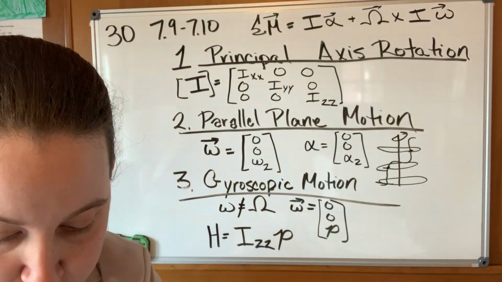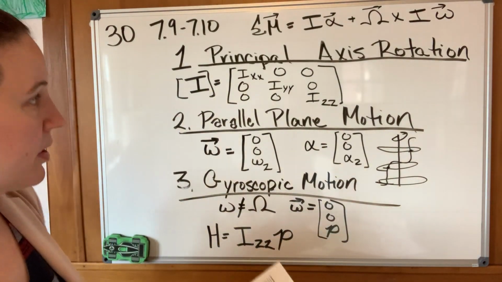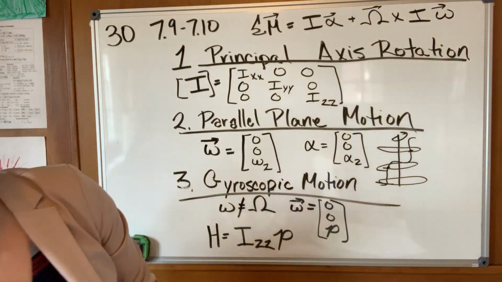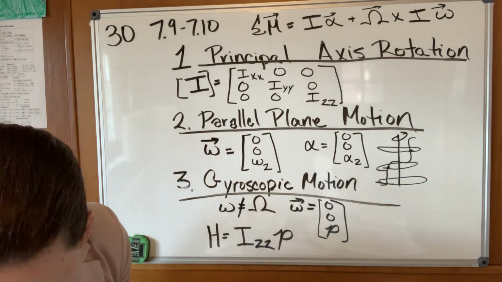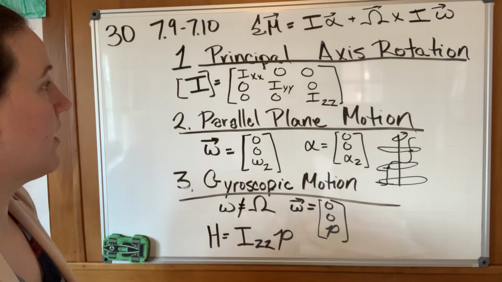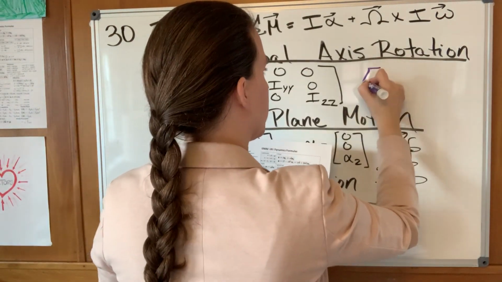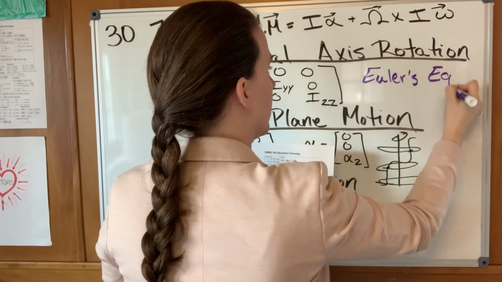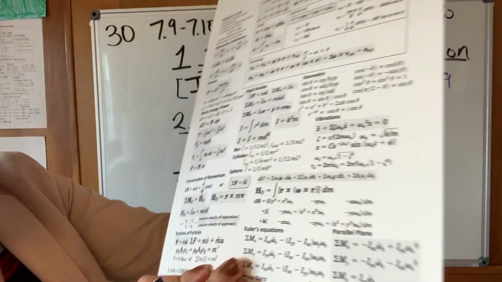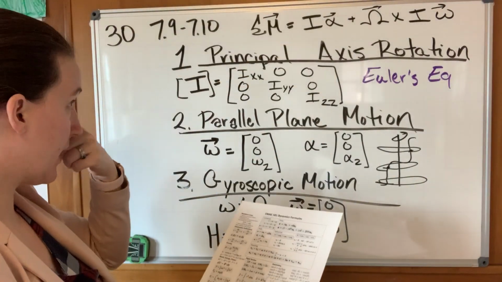And we have on your formula sheet, for the first type of problem, principal axis rotation, these are going to be Euler's equations. And here they are at the bottom. We'll prove them next.